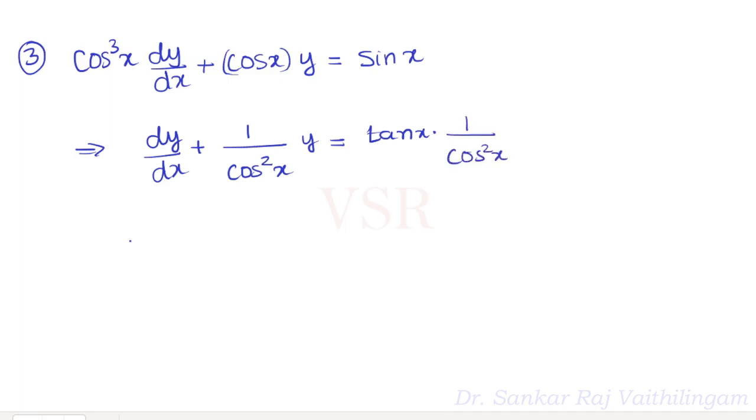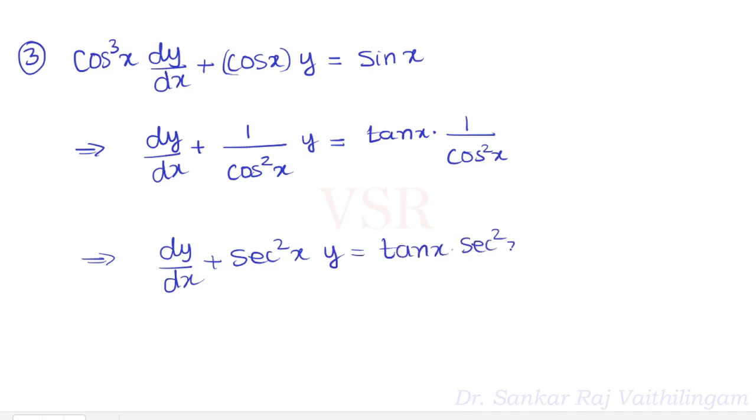So this implies that dy by dx plus secant square x into y, which is equal to tan x into secant square x. Okay, that's all.